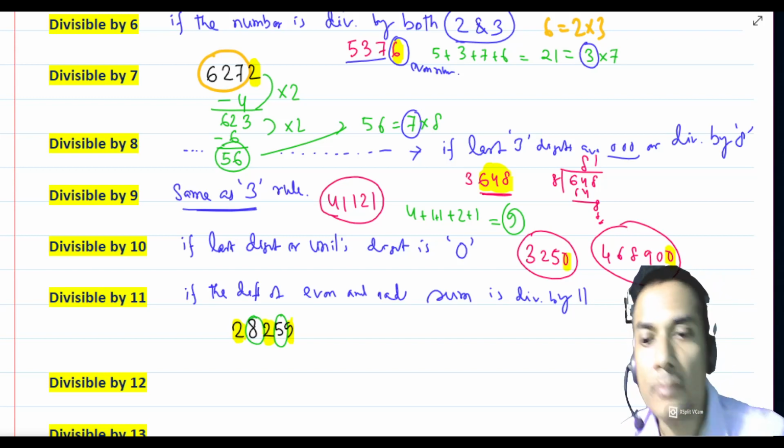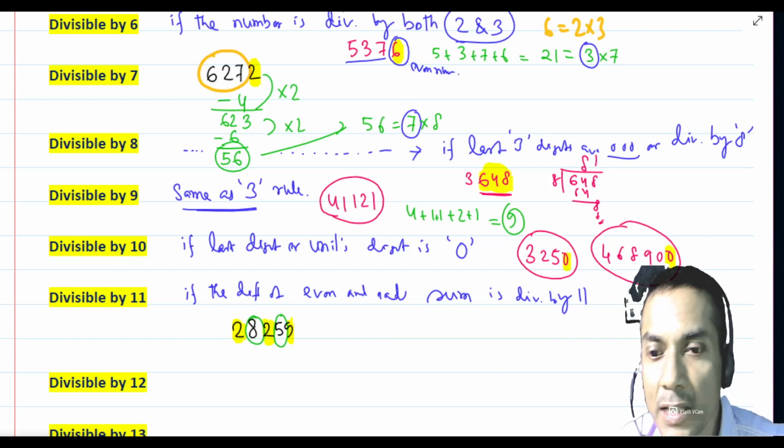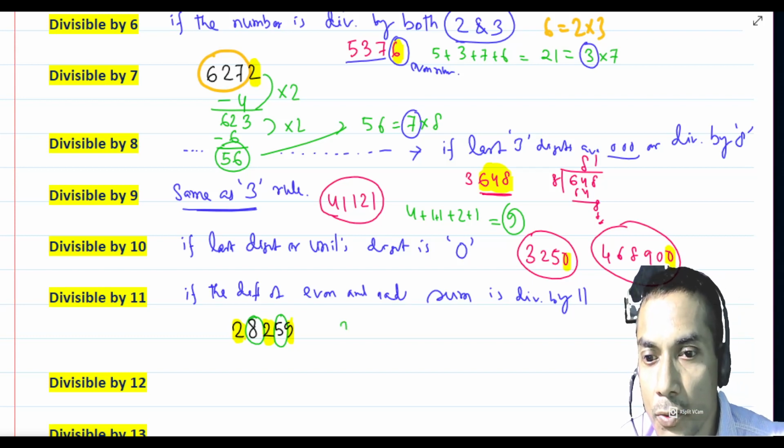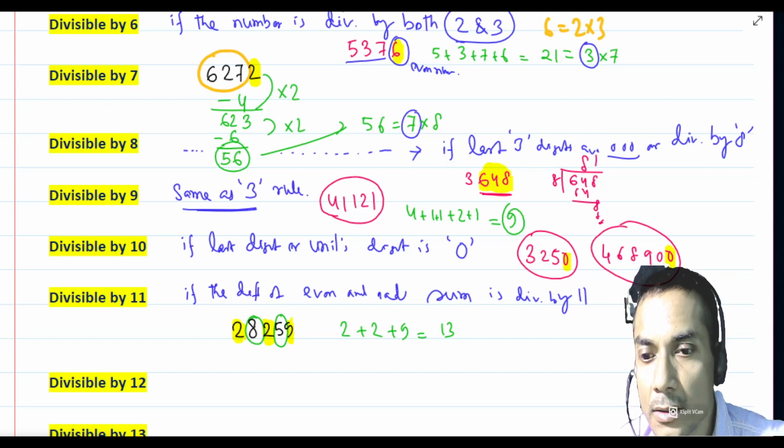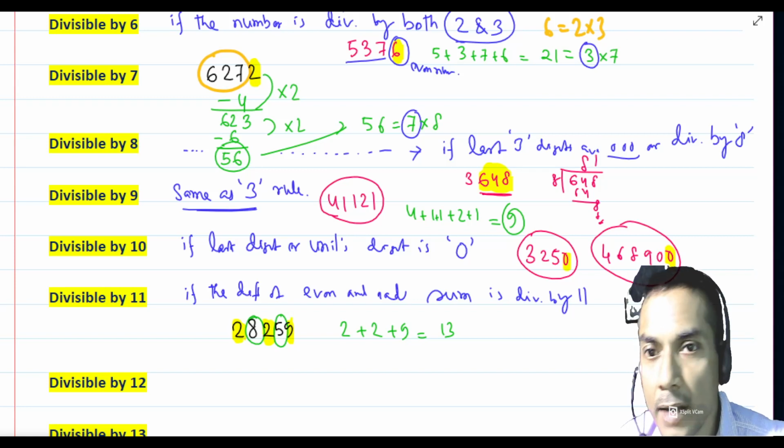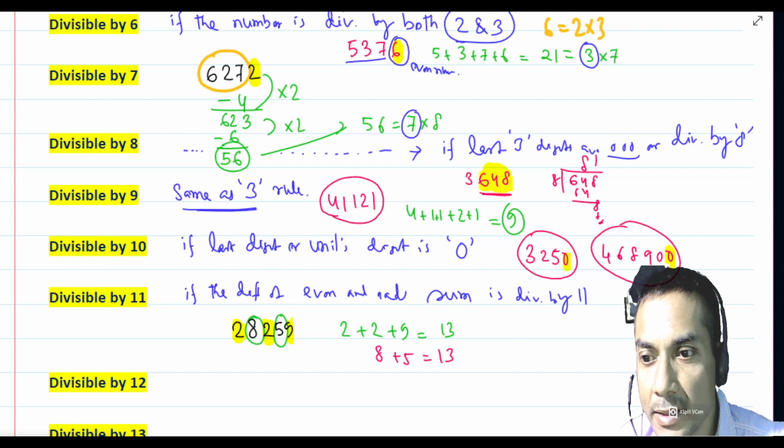Okay, so we have to sum the even and odd place numbers. 2 plus 2 plus 9, we get 13. This is the odd place sum, and the even place numbers are 8 plus 5, you get 13.